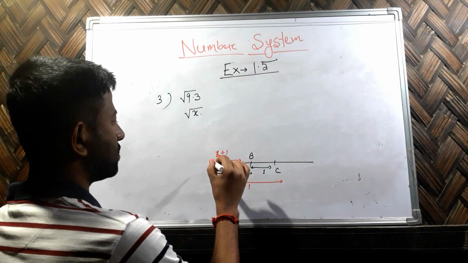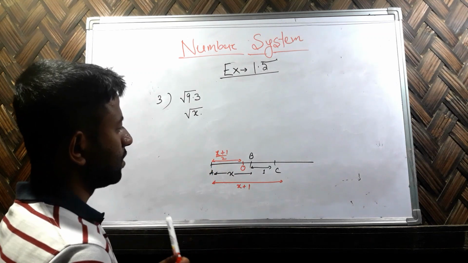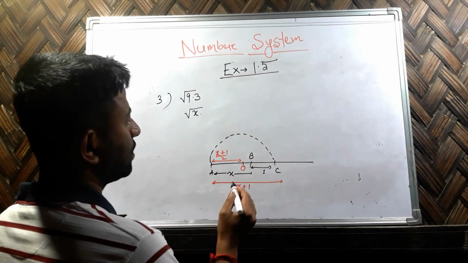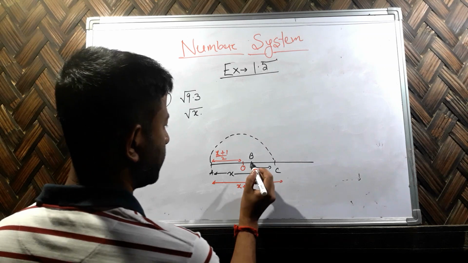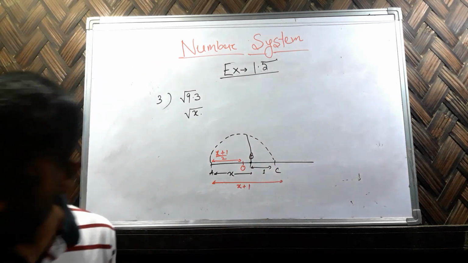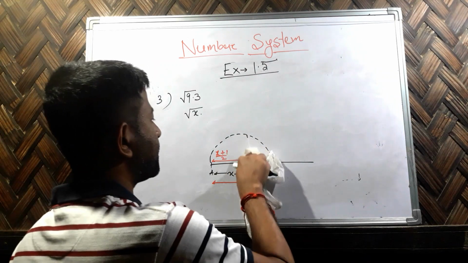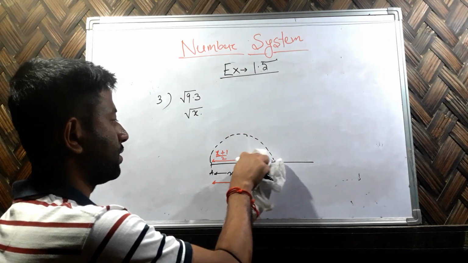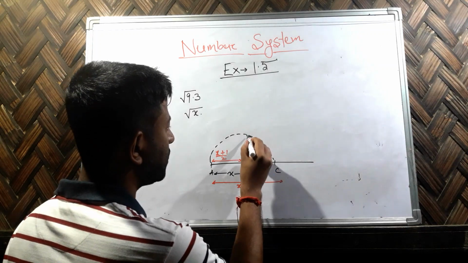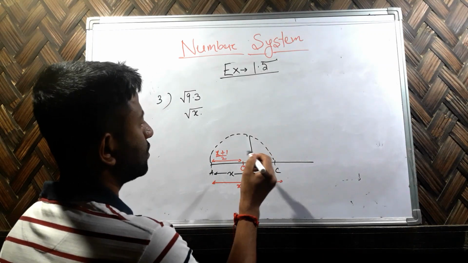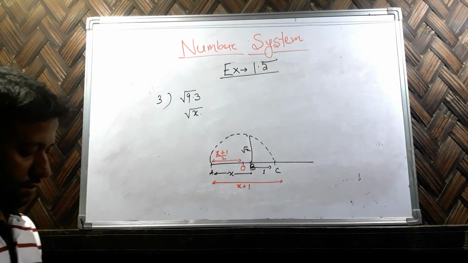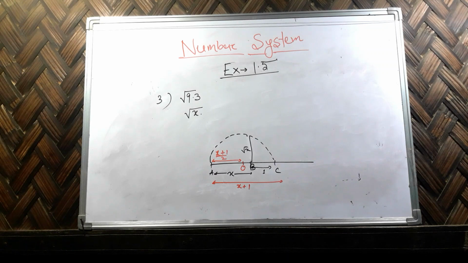Now if I draw a circle here, it will be like that. And where the point is x, this is not a perpendicular, I have to make it properly. Sorry guys, this is point B, and if I draw a perpendicular here, this will be root x. How? Let's check how this will happen.